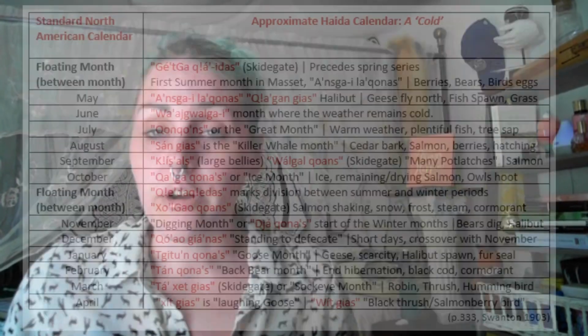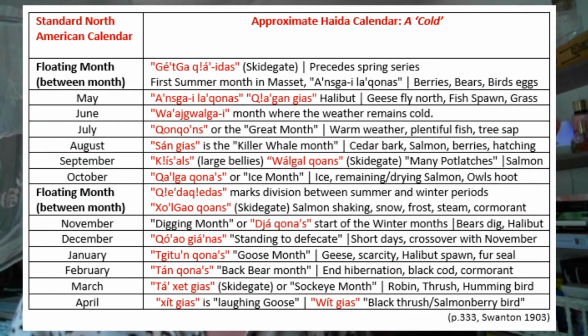So look at this chart as a sort of historical farmer's almanac that the Haida would have used to orient their life and their interaction with the environment.